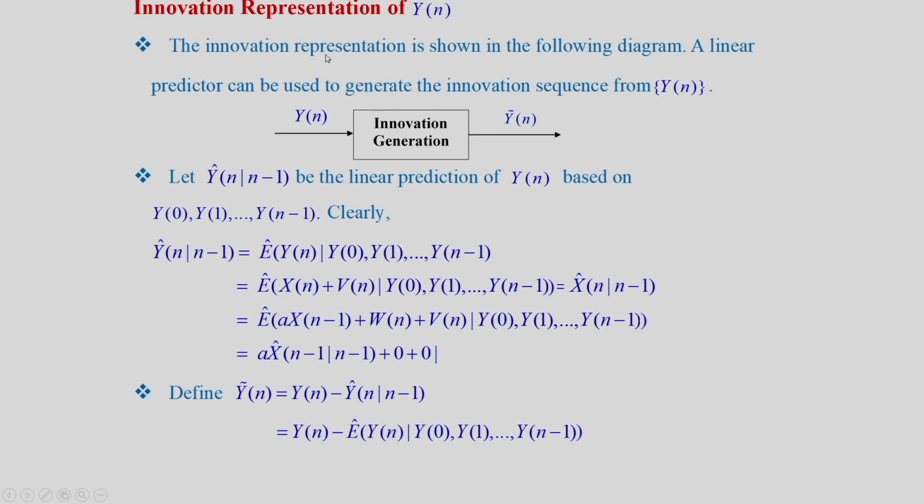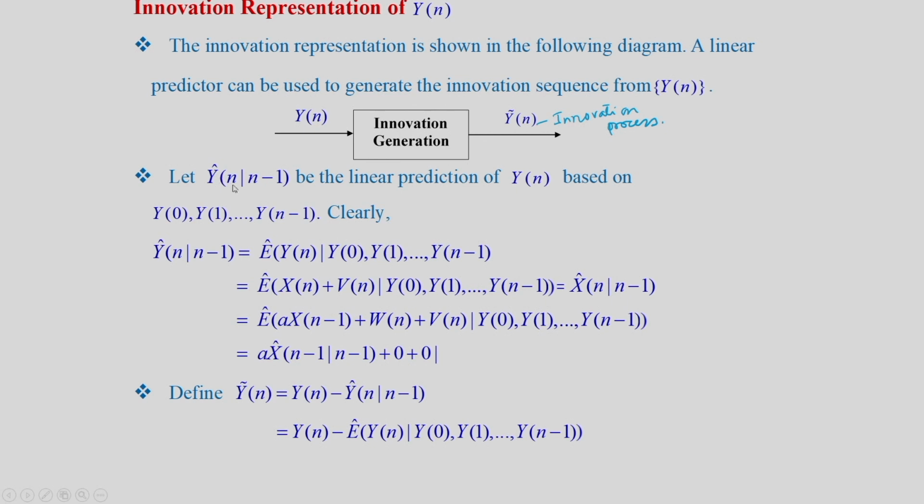The innovation representation is shown in the following diagram. A linear predictor can be used to generate the innovation sequence from yn. Here this innovation generation process is a linear predictor. So, on this side yn is the input and y tilde n is the innovation sequence. This is the innovation process.